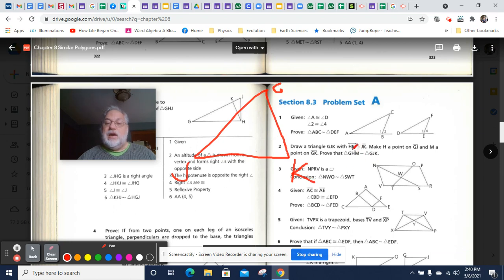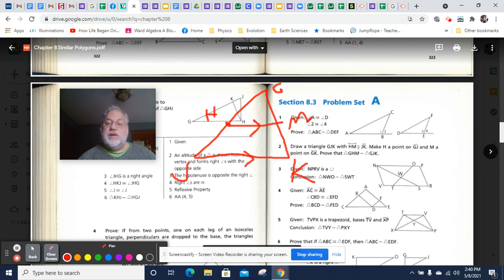And we're going to draw HM parallel to JK. Well, H is going to be a point on GJ, so let's put it here. There's H. And we're making a line that's parallel to this one. And we want M to be on GK.